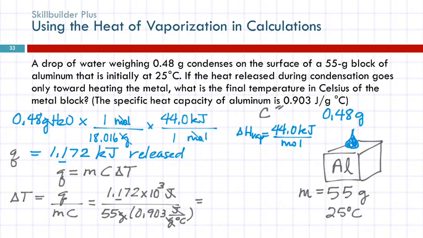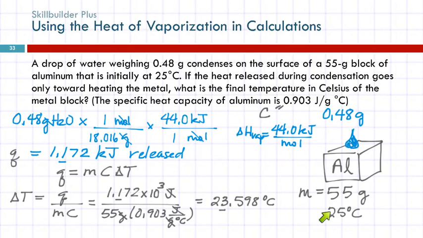So 1.172 EE3 divided by 55 divided by 0.903 says our temperature change is 23.598. Only two sig figs actually because of the 55 grams. Is that the answer to the problem? Is that the final temperature? No, because that's lower than this.